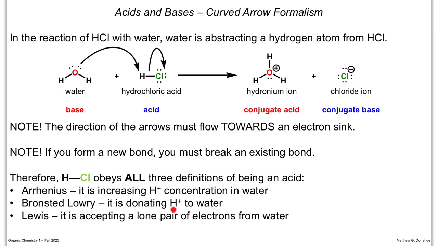By Bronsted-Lowry, it's donating H+ to water, and by Lewis, it's accepting the lone pair from water. So the definitions, as you move from narrow to broad, really all do align, and they don't contradict one another.